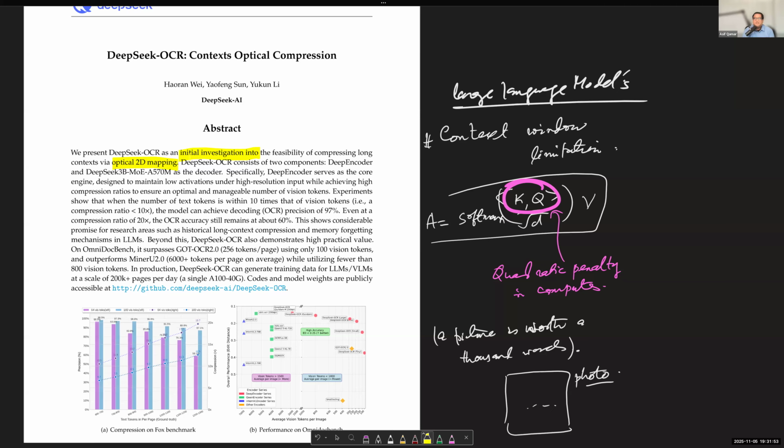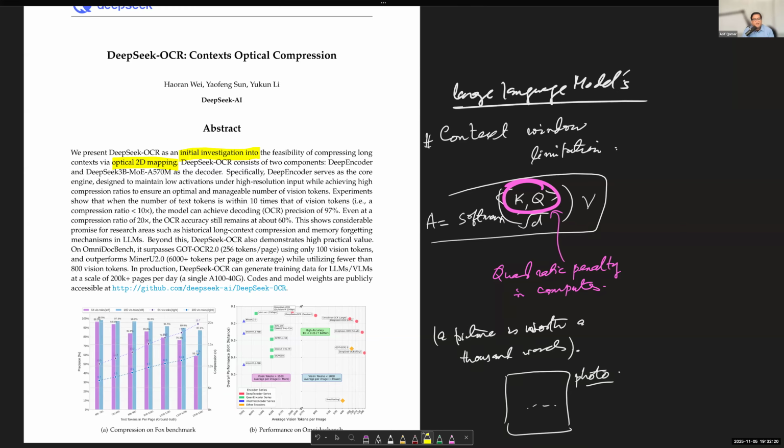Low activations means the number of parameters that get triggered is low, which is automatically true because encoders tend to be much, much smaller than decoders these days, or smaller than LLMs. And like a ViT or SAM, you can work with fairly small sizes even when the image resolution is quite high. So that's all they're able to do.